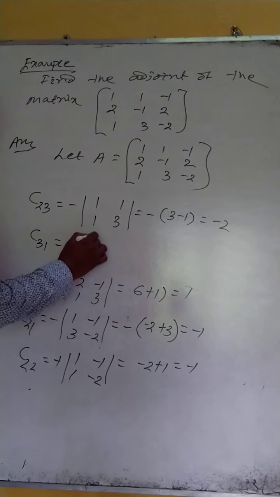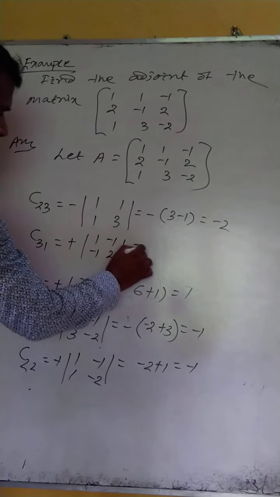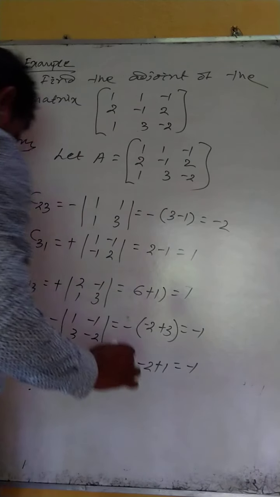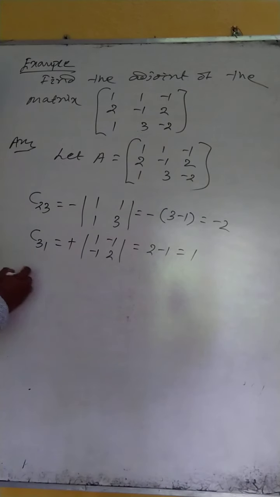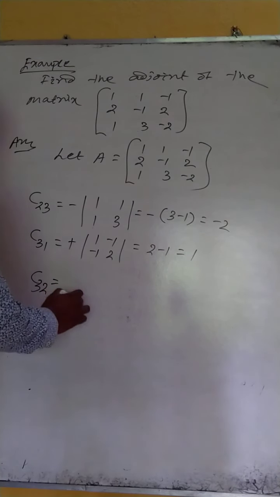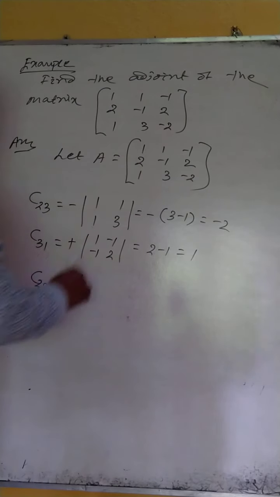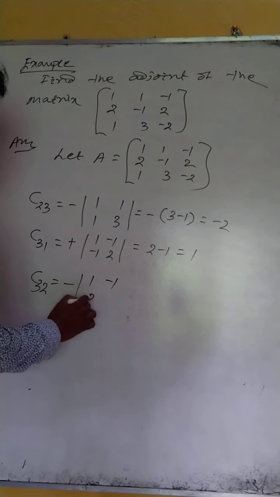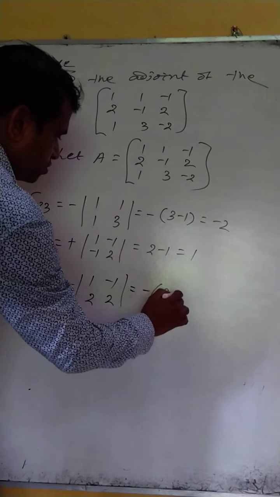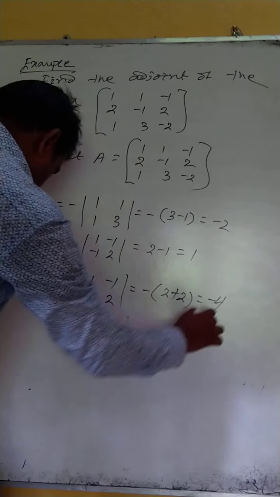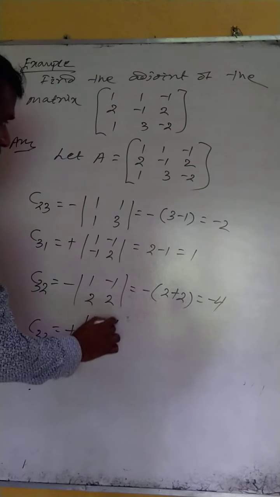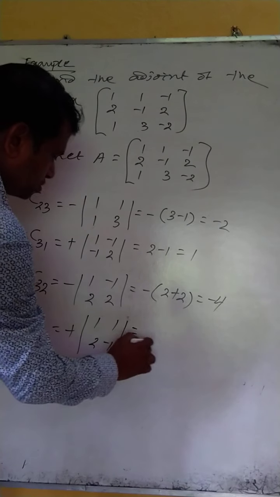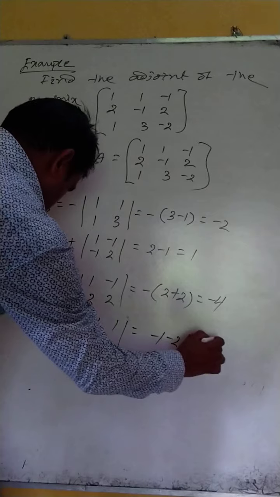C31 equals plus of its minor 1 -1, 2 ..., that equals 2 minus 1, that equals 1. C32 equals minus of its minor 1 -1, 2 2, that equals minus of 2 plus 2, that equals -4. C33 equals plus of its minor 1 1, 2 -1, that equals -1 minus 2, that equals -3.